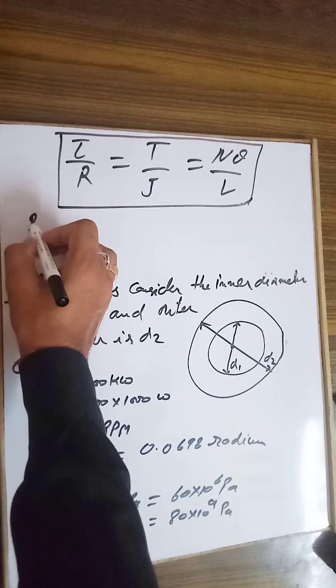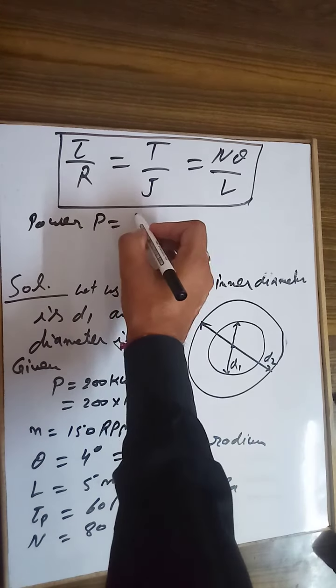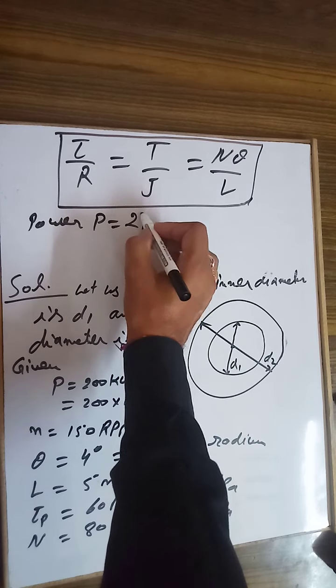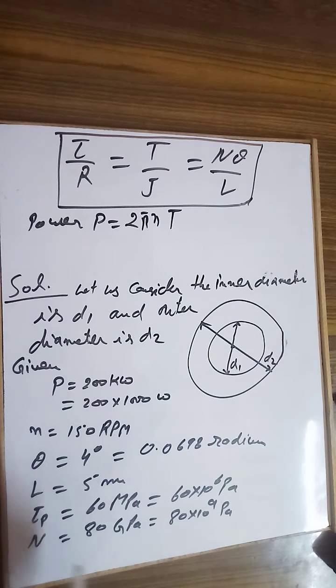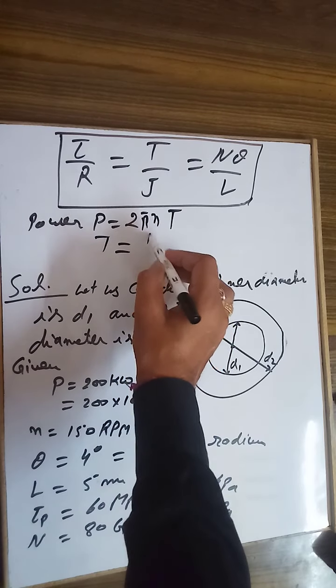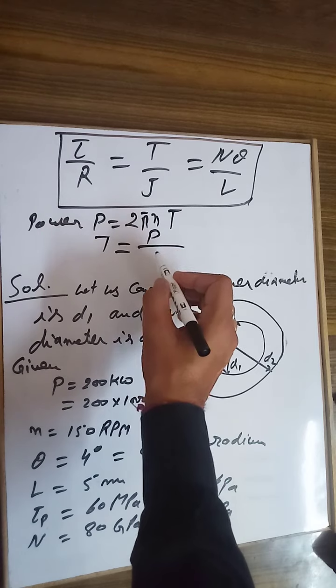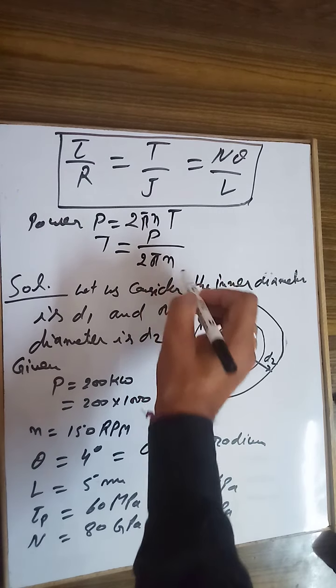So what is the power P? We can find it, as we know it's 2 pi n T. So we can find out T. Now by this formula T is P over 2 pi n.